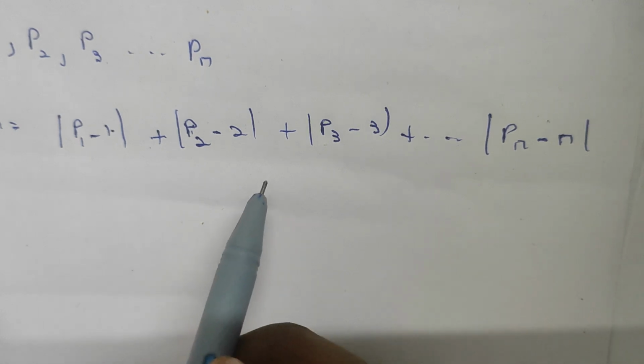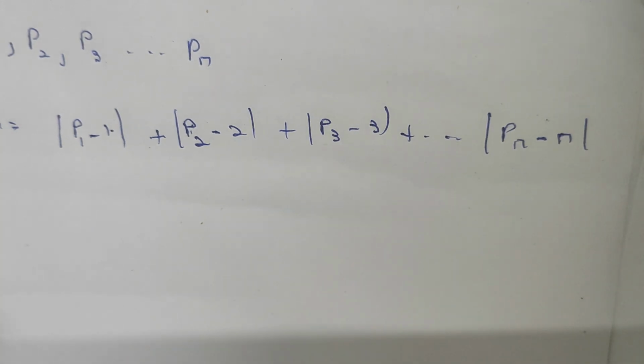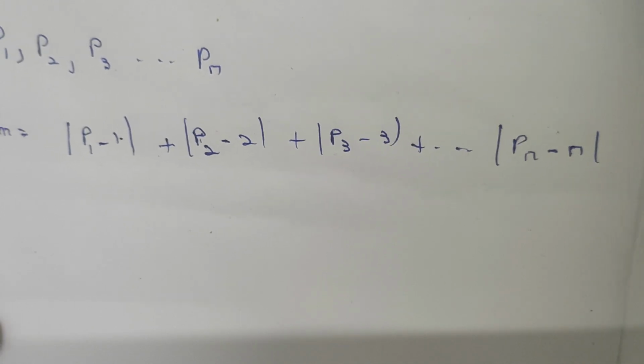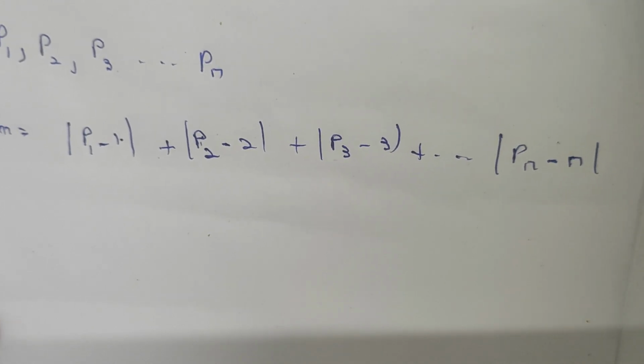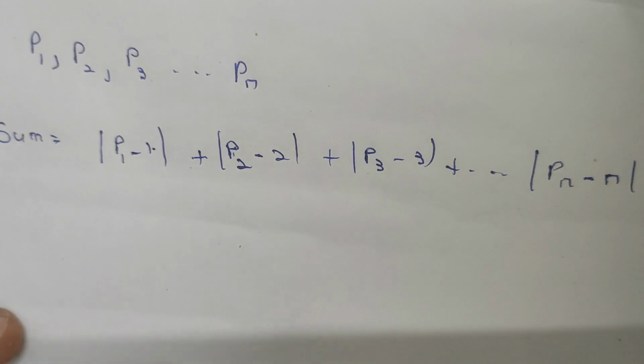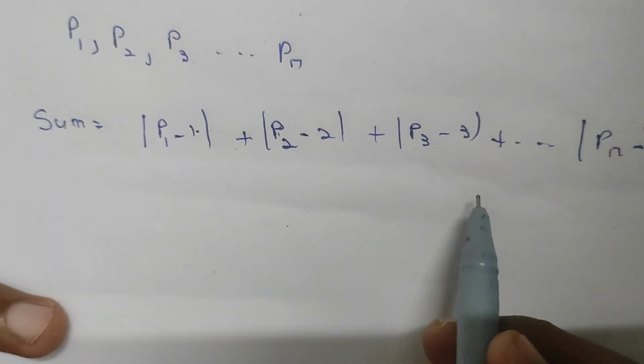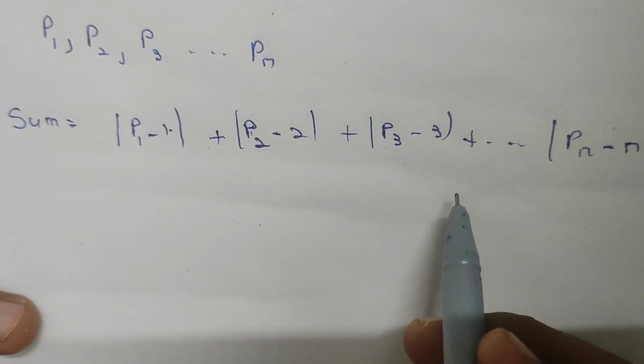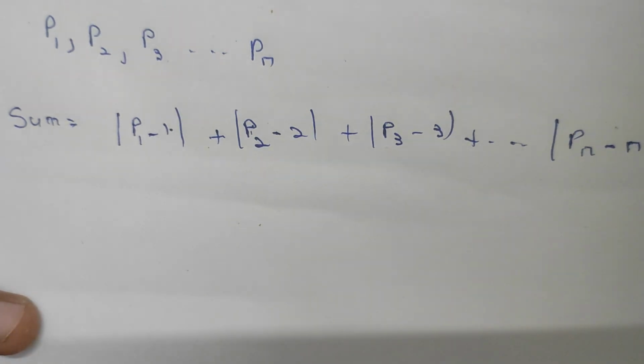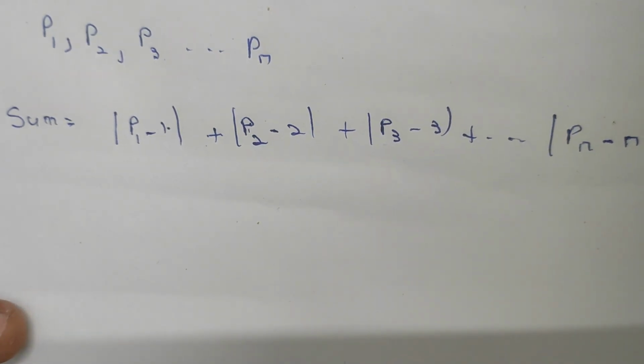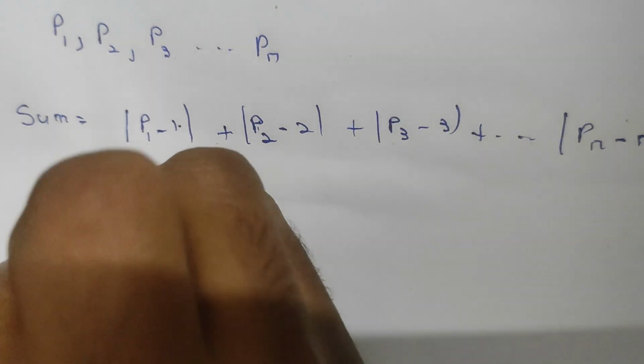So what we have to do in this problem is choose a permutation such that the total sum, computed using that permutation, will be equal to the value k that they will give us.